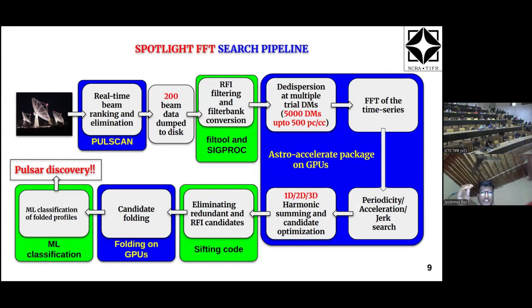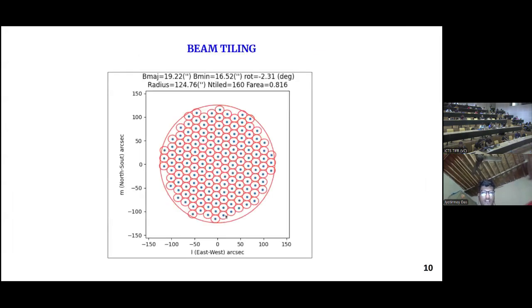Now I will be mainly speaking about the shifting code, how we are sifting all the candidates for further processing. First, it will go through the AstroAccelerate search over the DM trials and all. And then for all the 200 beam candidates, it will go through a sifting code. For the sifting code, I'll first go to the beam tiling. This is what the beam tiling of 160 beams looks like.